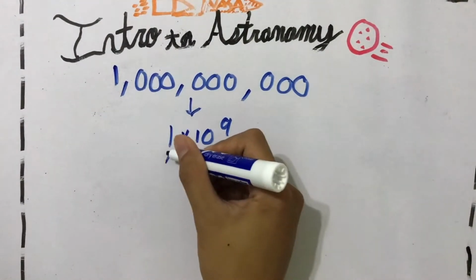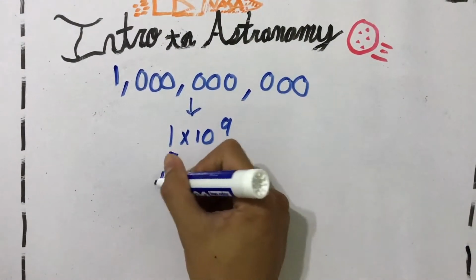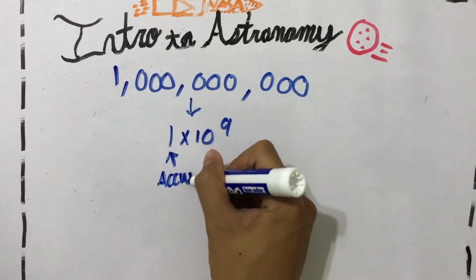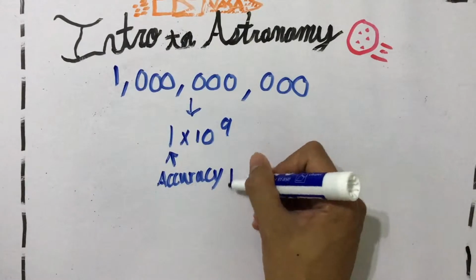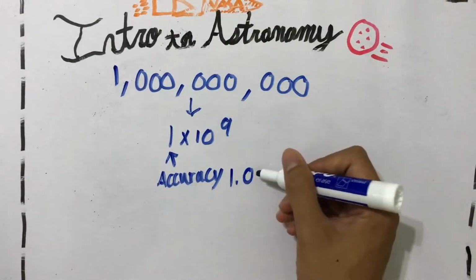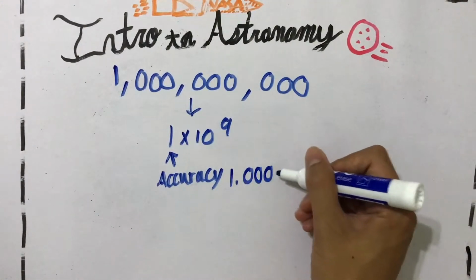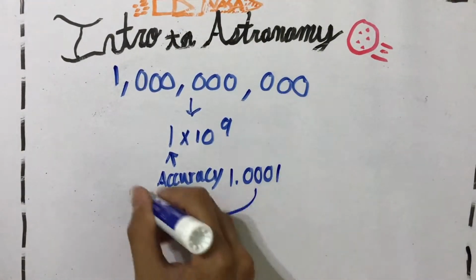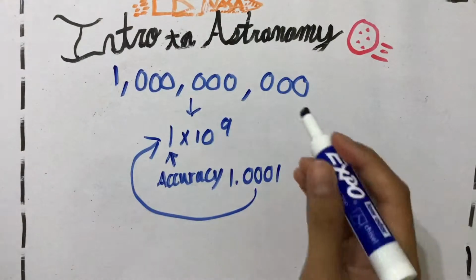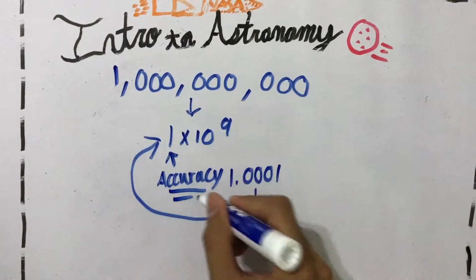This number right here measures the accuracy of your value. If we increase the numbers after the decimal, pretend 1.001, these numbers are more accurate than just putting 1. And always remember, this is accuracy.